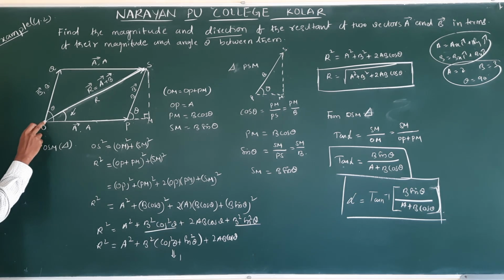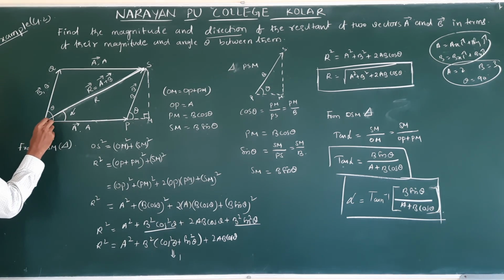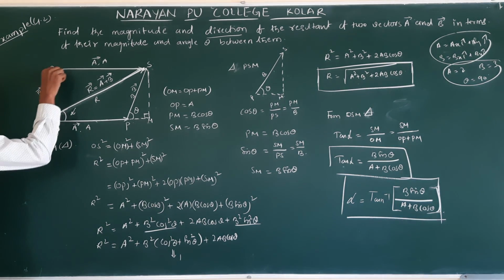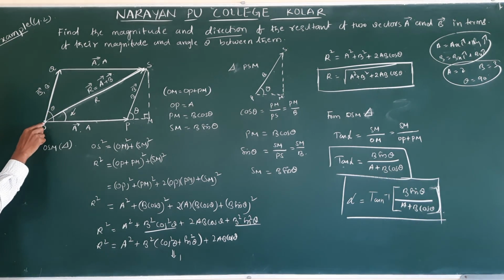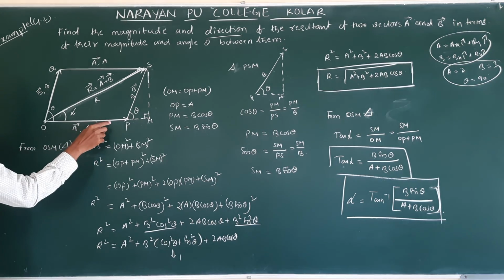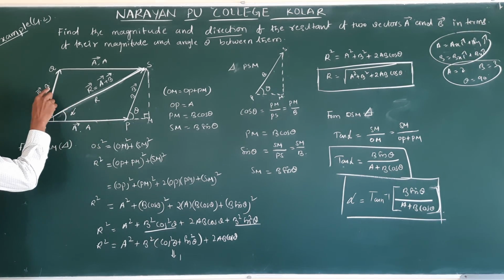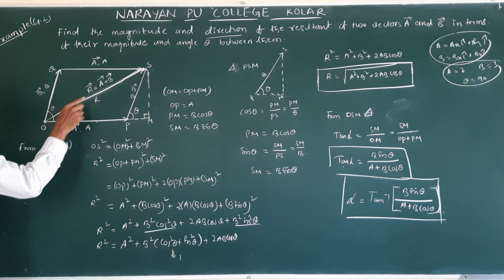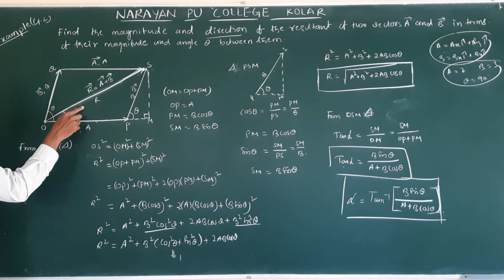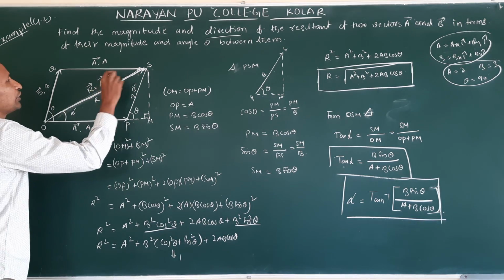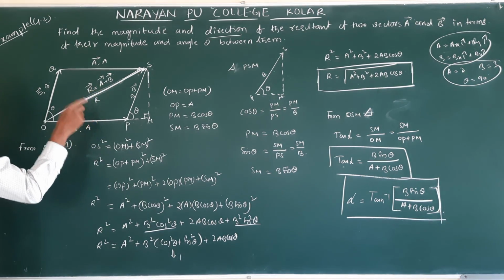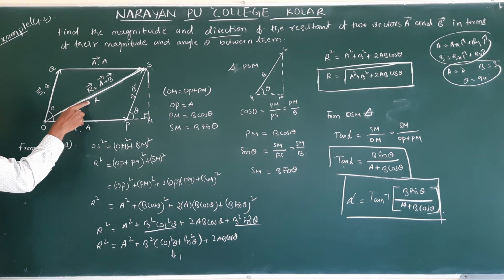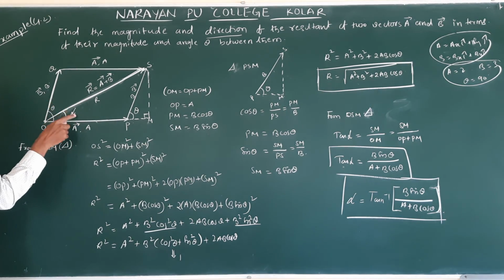Two vectors acting from the same point so as they represent the adjacent sides of the parallelogram, and the diagonal of the parallelogram represents the magnitude and direction of the resultant vector of A and B.